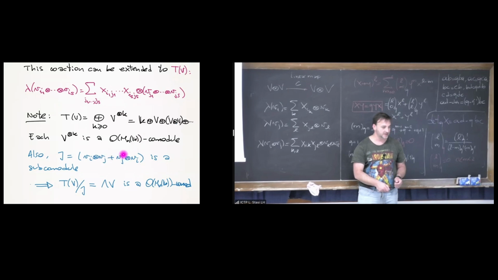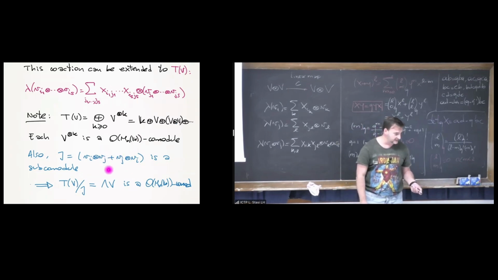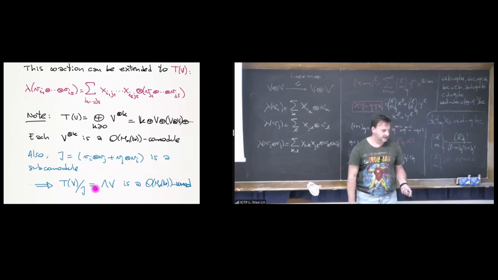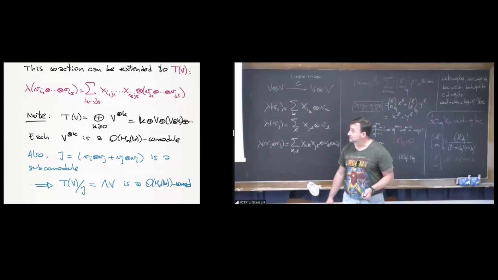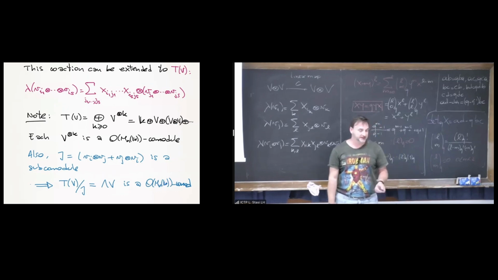It is a submodule, and if we take the quotient, we get a comodule. This comodule is the exterior algebra. So, all in all, what I have proved in two slides is that the exterior power of this V is a comodule.